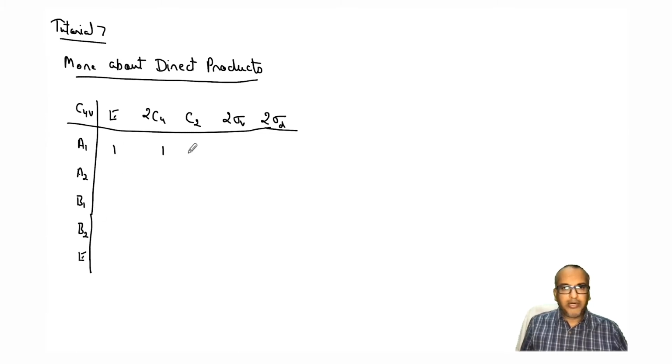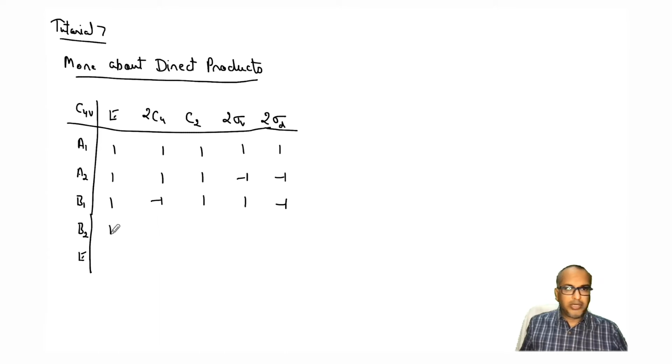And we have all ones for A1. This is called the totally symmetric representation. Then we have A2, which will have sigma V's as negative. Then for B1 we have 1, -1, 1, 1, -1.